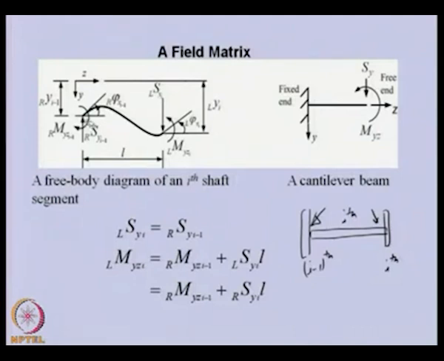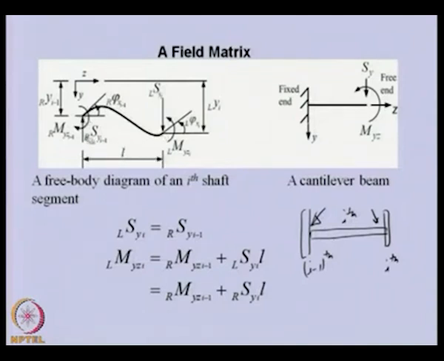And for the bending moment, maybe we can take the moment about, let us say, the left of this shaft. So, we will have this moment equal to this moment plus this shear force times the moment arm. The moment arm is nothing but the length of the shaft.